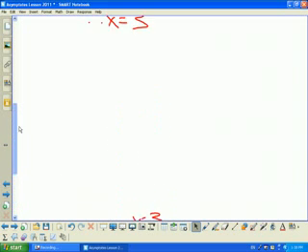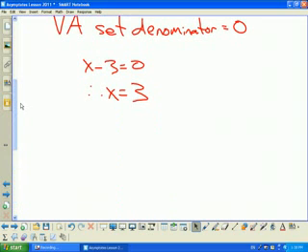Now, the space in between is for this idea of the asymptotic behavior. And what I mean by asymptotic behavior is, what's the function doing on either side of the vertical asymptote? So how are we going to figure out what's happening just on either side of the vertical asymptote?